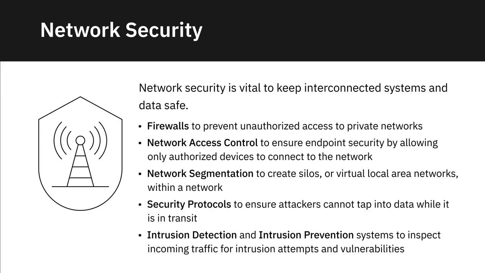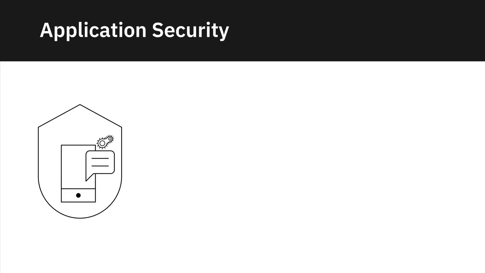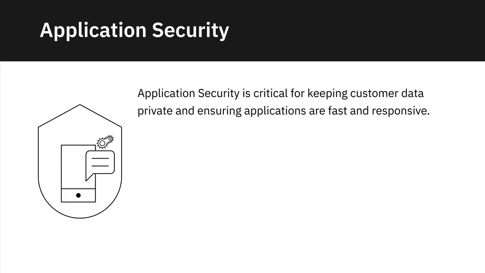The third dimension of security is application security. Application security is critical for keeping customer data private and ensuring applications are fast and responsive. Security needs to be built into the foundation of an application in order to prevent other applications and services from introducing vulnerabilities.